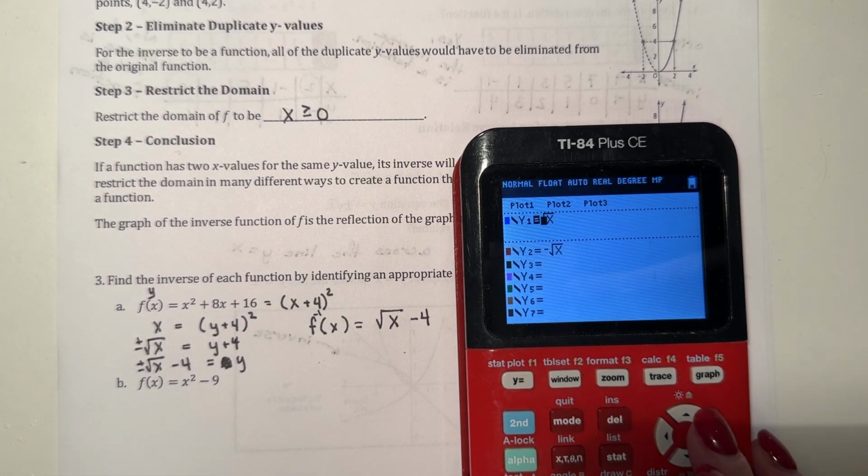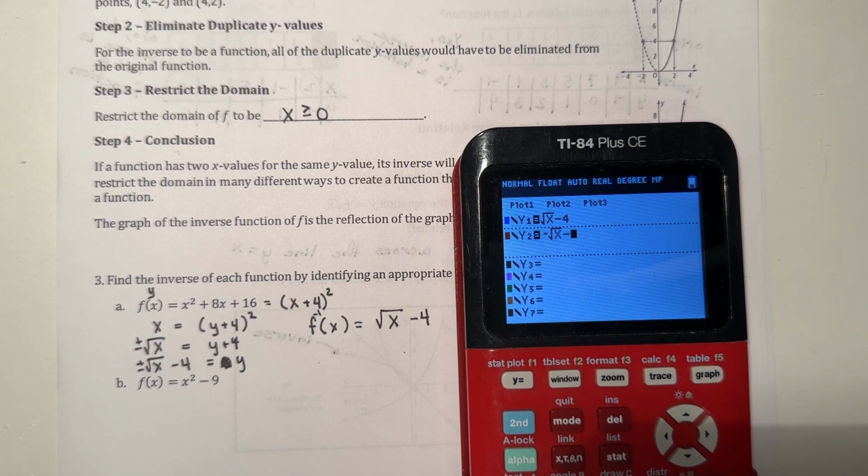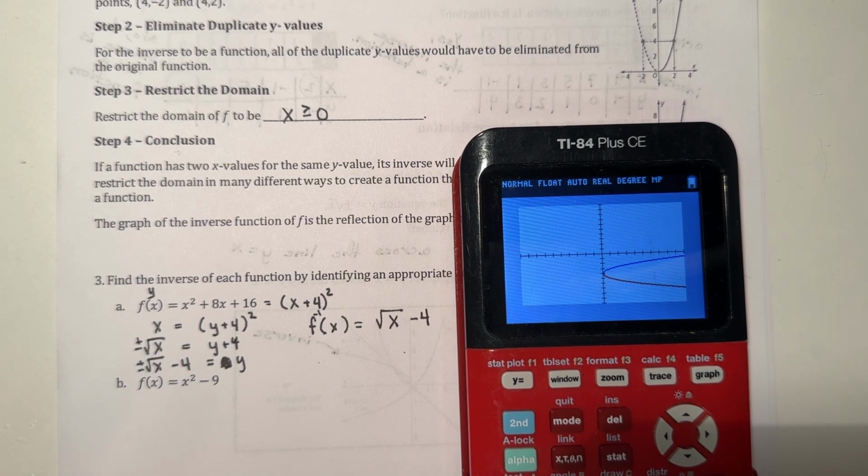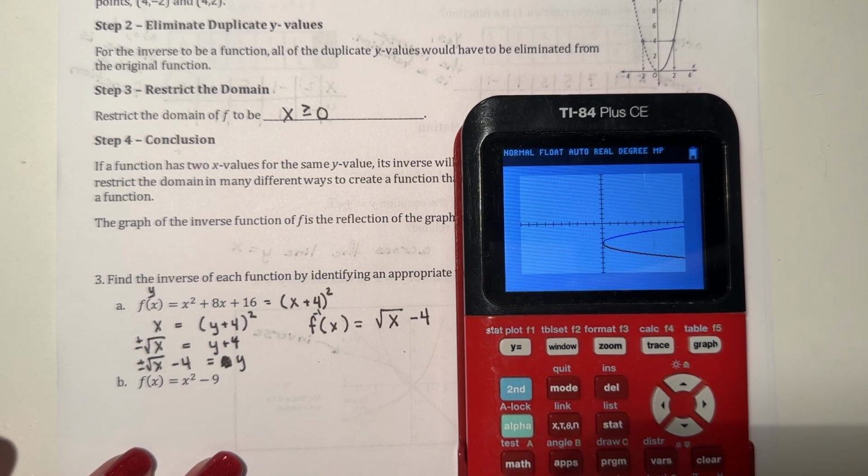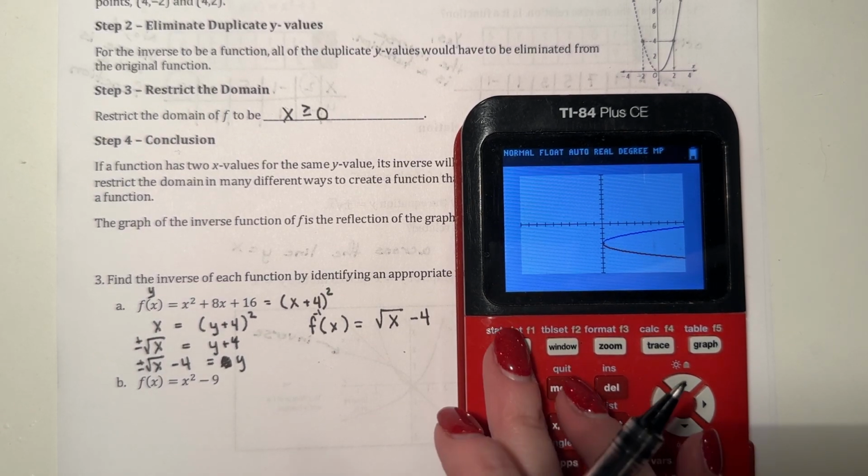So if I had the plus or minus, turn this back on. Okay, so the red half, which is the bottom half of the graph, is the problem. So what we need to do is get rid of some values that are going to be problematic for us.